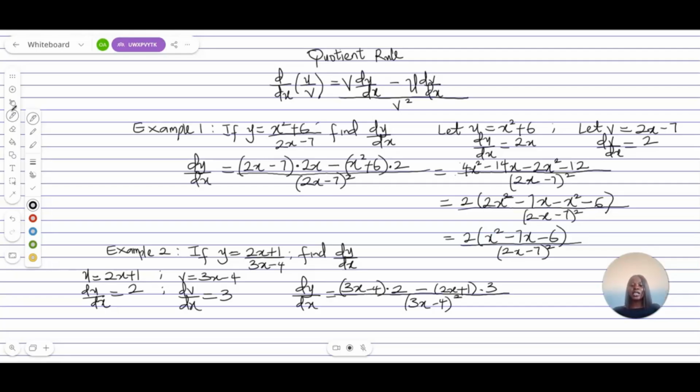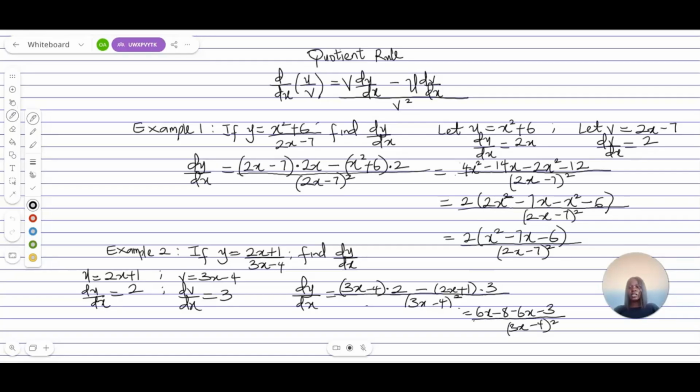So let's quickly tidy up the numerator and see what it's going to look like. Let's quickly write this here. If I tidy up the numerator, this becomes 6x minus 8, then minus 6x, then minus 3, all divided by 3x minus 4 all squared.